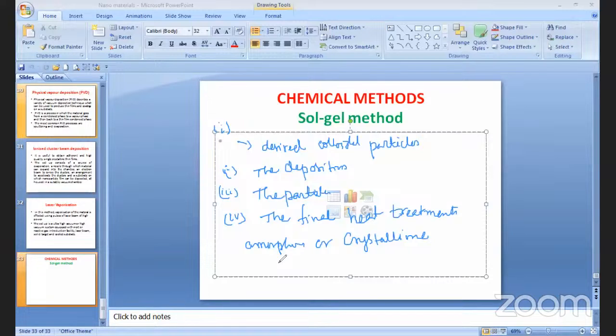So this is the sol-gel method, which is utilized to synthesize nano-sized nanoparticles.